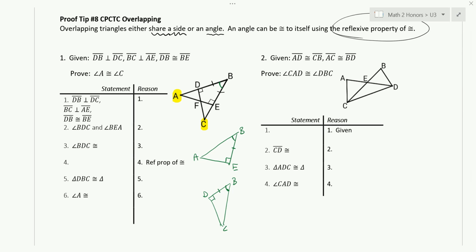Donovan, what's the reason for number 1? Good job. Okay, so we have all our givens. We wrote them down. And then number 2, angle BDC and angle BEA doesn't look like it's finished yet. So you have to know where it's going.